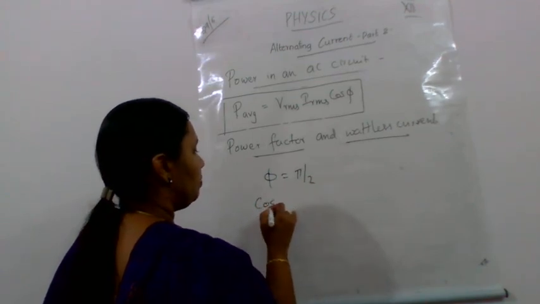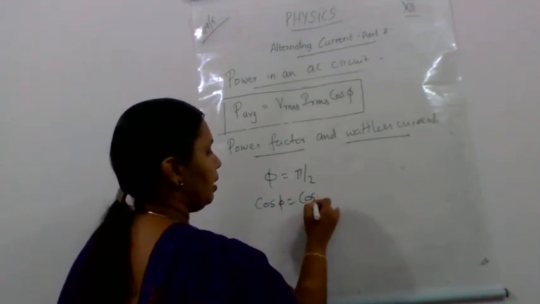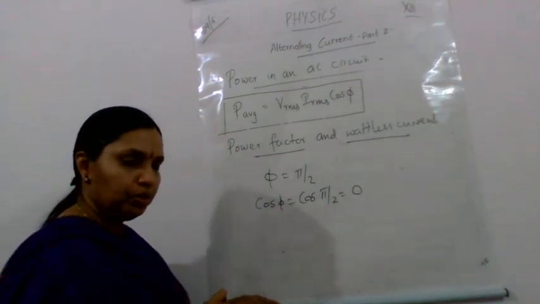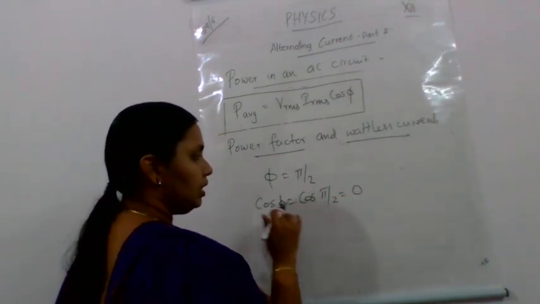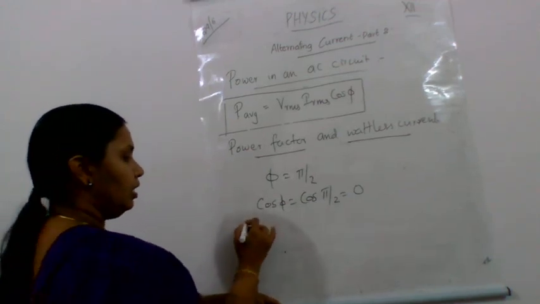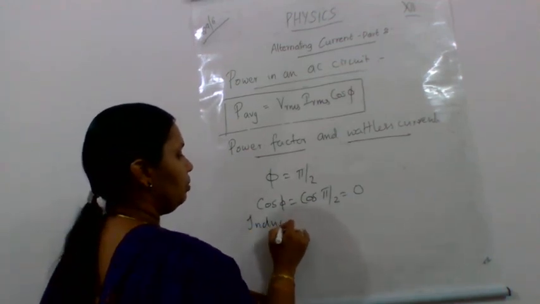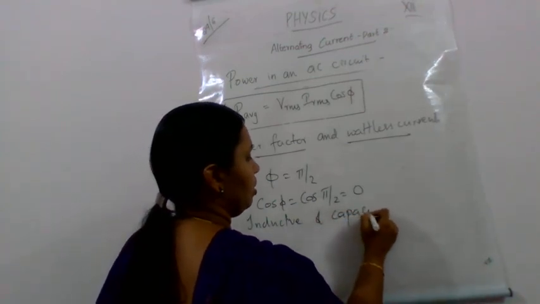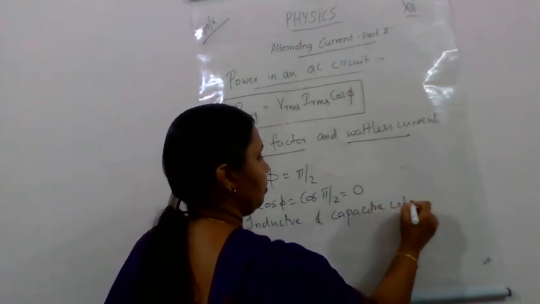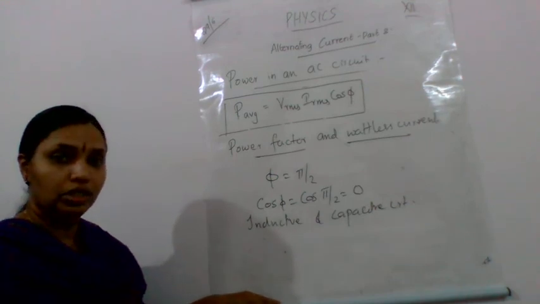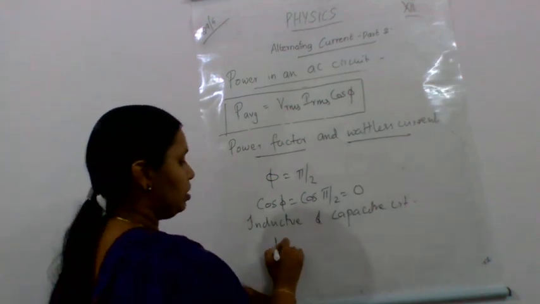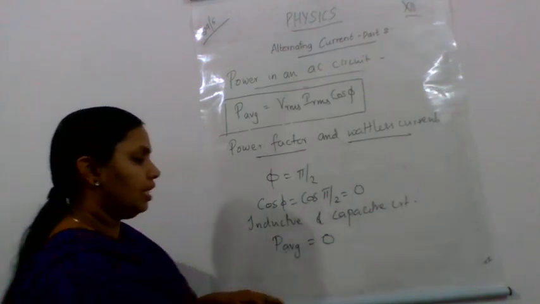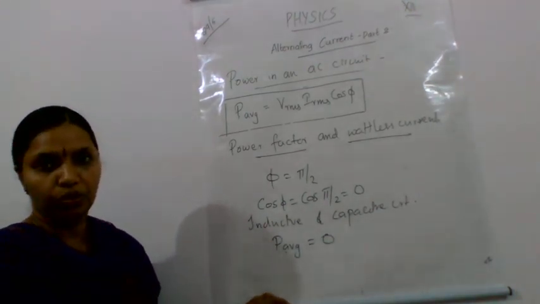Cos phi is equal to cos pi by 2, which is equal to 0. In which circuit does this happen? It happens in the case of an inductive circuit and a capacitive circuit. In such a circuit, the average power consumption over a complete cycle is equal to 0.